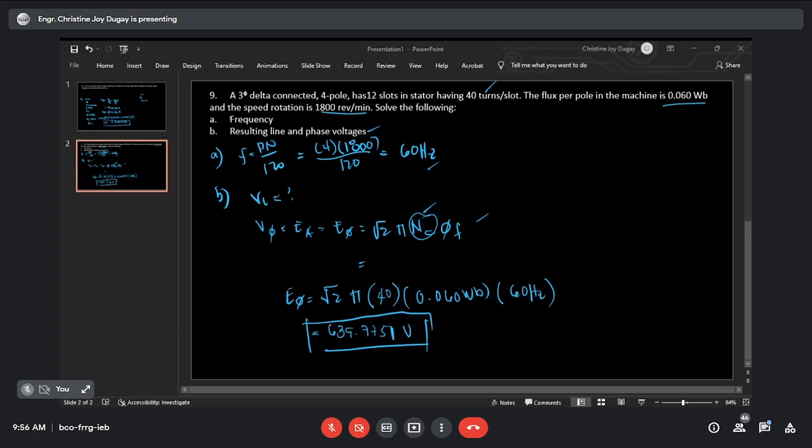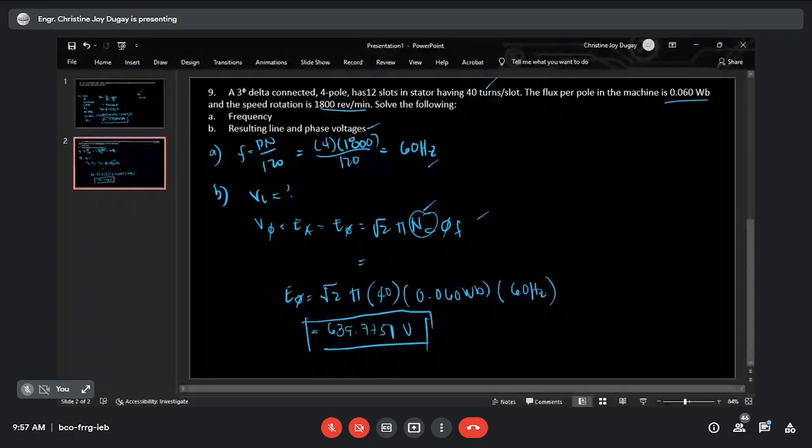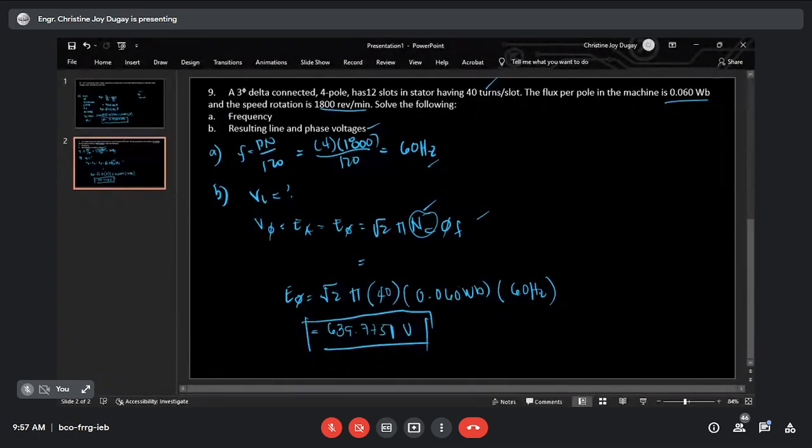Mr. Miguel, are you following? Did you hear what I said? Yes, ma'am. If you take the per phase as our NC, we need Q, which is also equal to N, wherein that is slot per pole per phase. How many slots do we have? That is 12. How many poles? That is 4. Then divide by 3. So 12 divided by 4 is 3, over 3 is equal to 1.